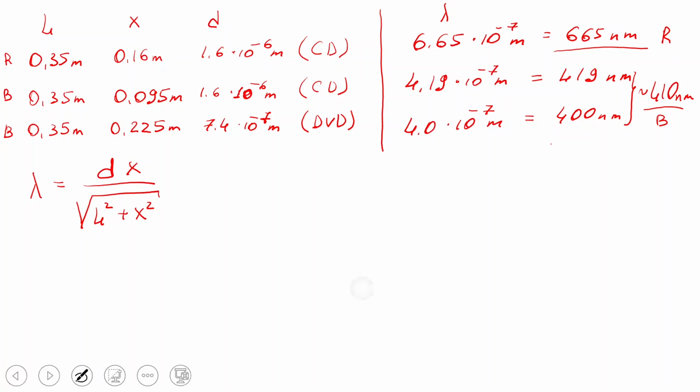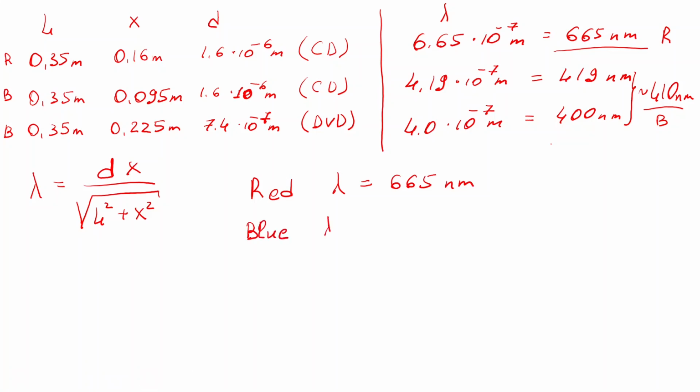So let's write here: red wavelength is equal to 665 nanometers, and blue wavelength is some average, 410 nanometers.